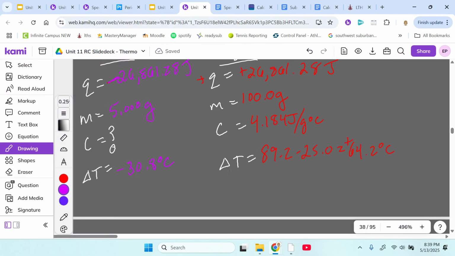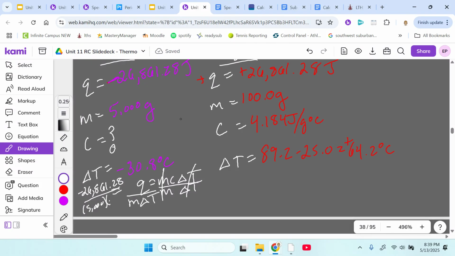Finally, we can do Q equals MC delta T again, except this time we'll solve for the C by dividing both sides by M delta T. So M's cancel, delta T's cancel. We'll go ahead and plug in negative 26,861.28 divided by the mass, 5,000, multiplied by negative 30.8.